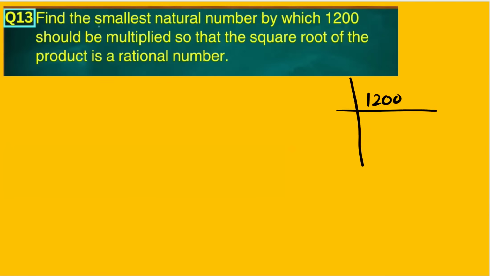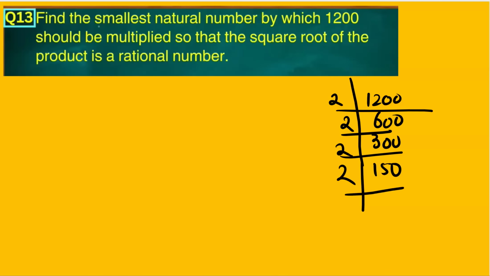Let us do the prime factorization. 1200 divided by 2 gives 600. Then 600 divided by 2 is 300. Again, dividing gives 150. Again, dividing gives 75.